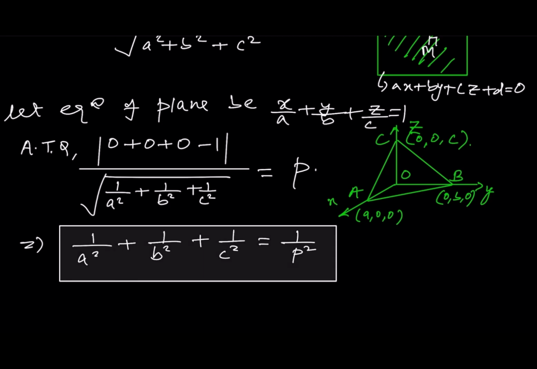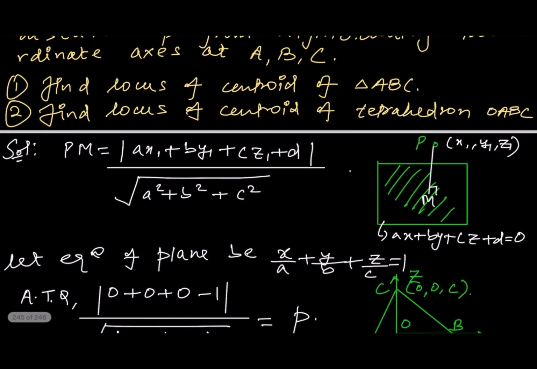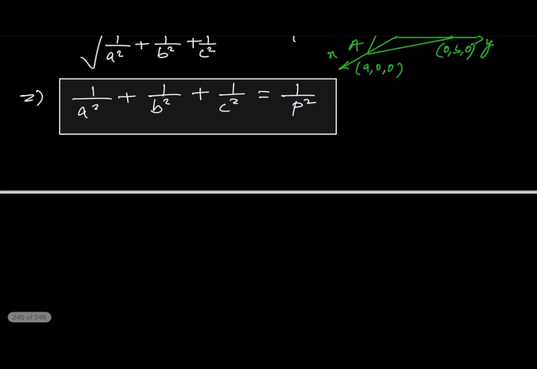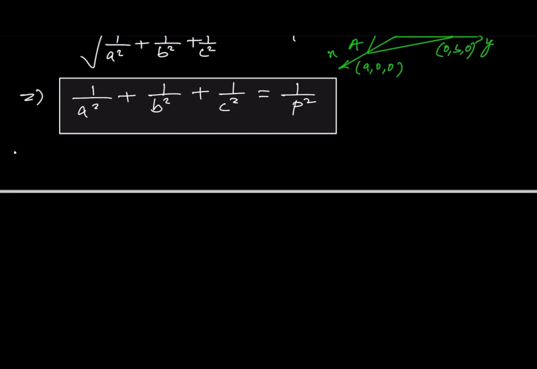Now what we have to find in the first part is the locus of the centroid of triangle ABC. So first let the centroid be G for triangle ABC.